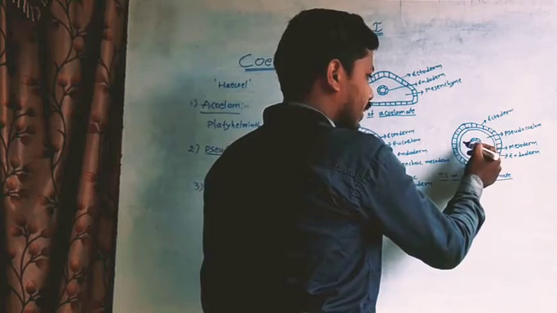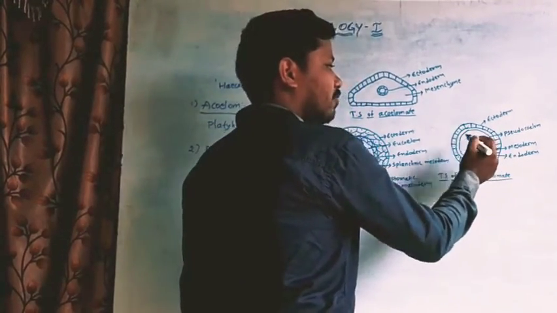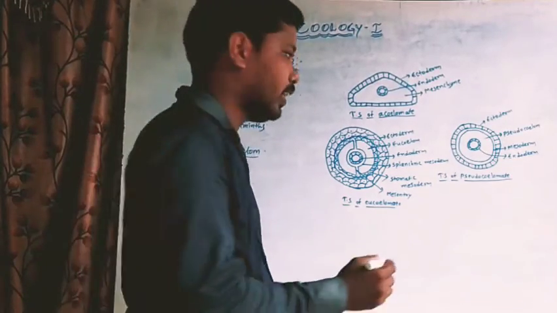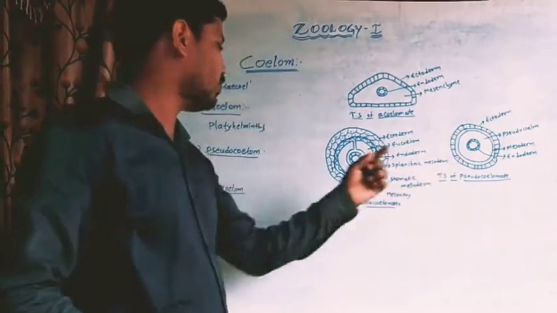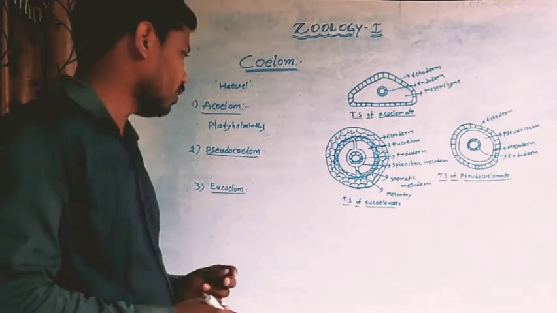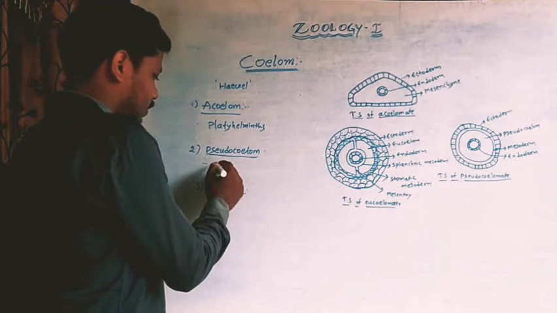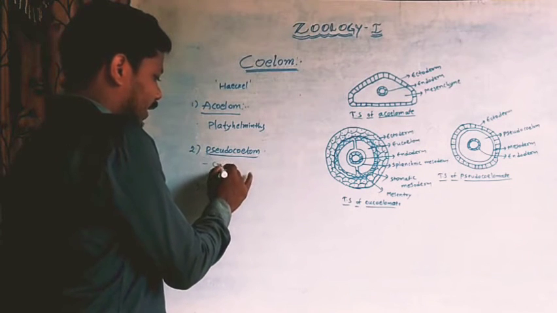The cavity is present, but it is filled with the pseudocoelic fluid. Hence this type of coelom is called pseudocoelom. Pseudo means false. This type of coelom is exhibited by the Nidaria.